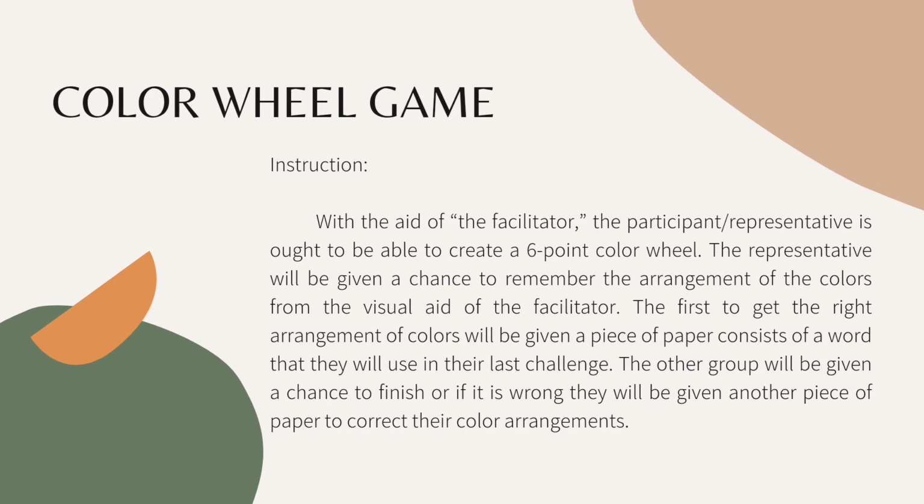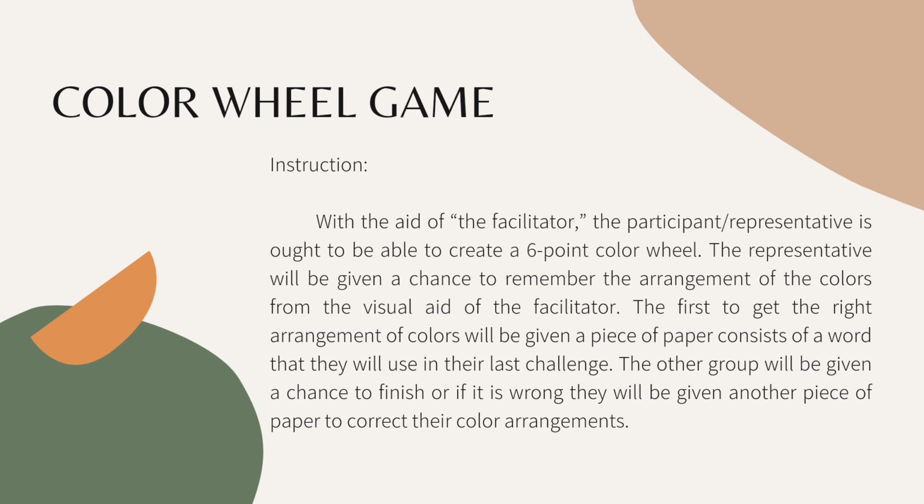After finishing the puzzle map, they will go to the next station, which is the fourth challenge, the color wheel game. Instructions. In this challenge, with the aid of the facilitator, the participant or representative is told to create a 6-point color wheel.